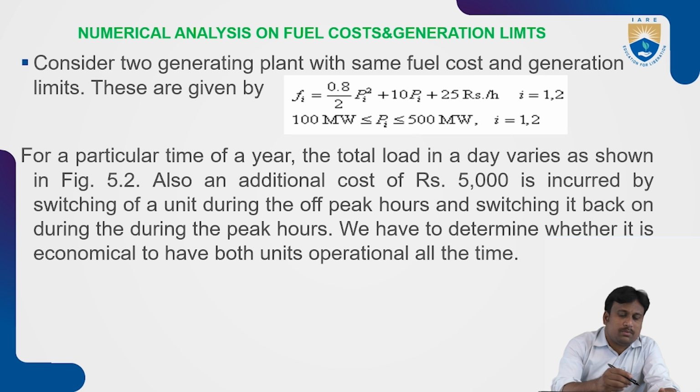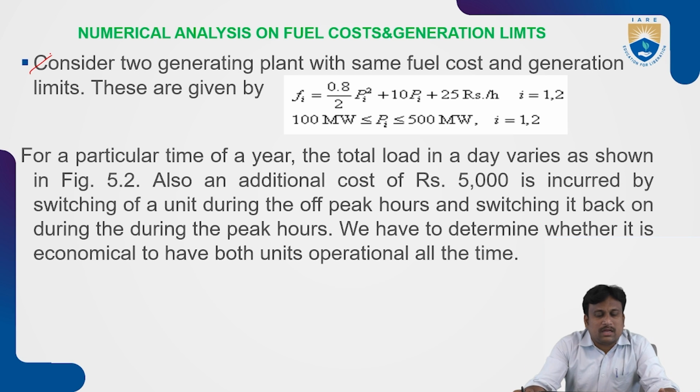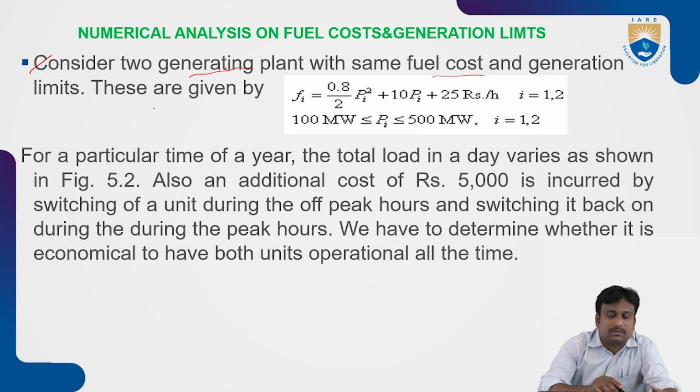So here is a simple problem that will show how we can make a numerical analysis on fuel costs and generation limits. The problem is like this. Consider 2 generating plants with the same fuel costs and generation limits.